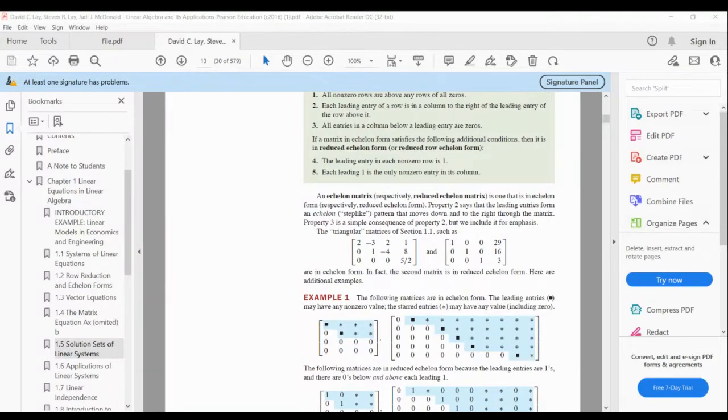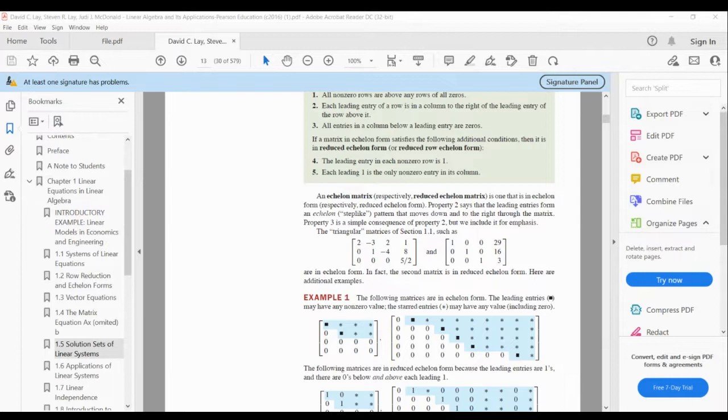Okay, you see you have a triangular matrix on the left and then a triangular matrix on the right. The first matrix is in echelon form.